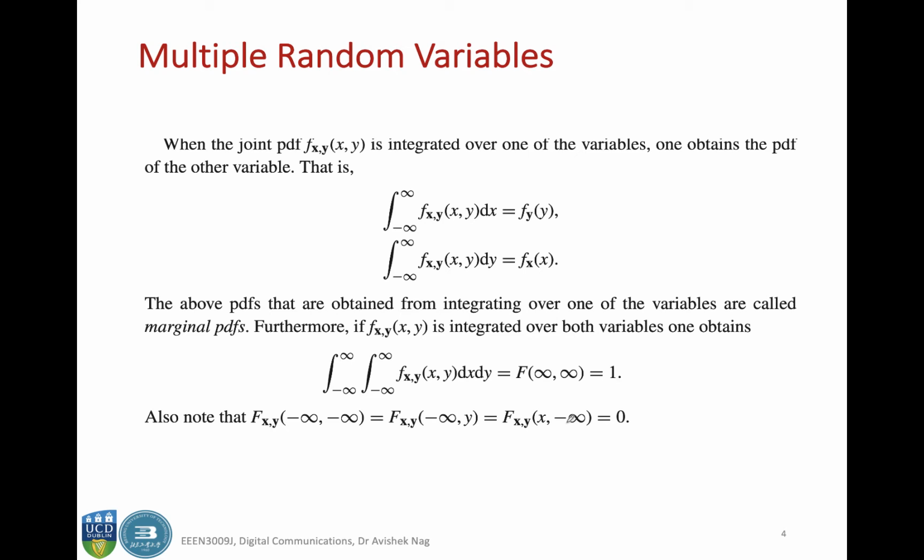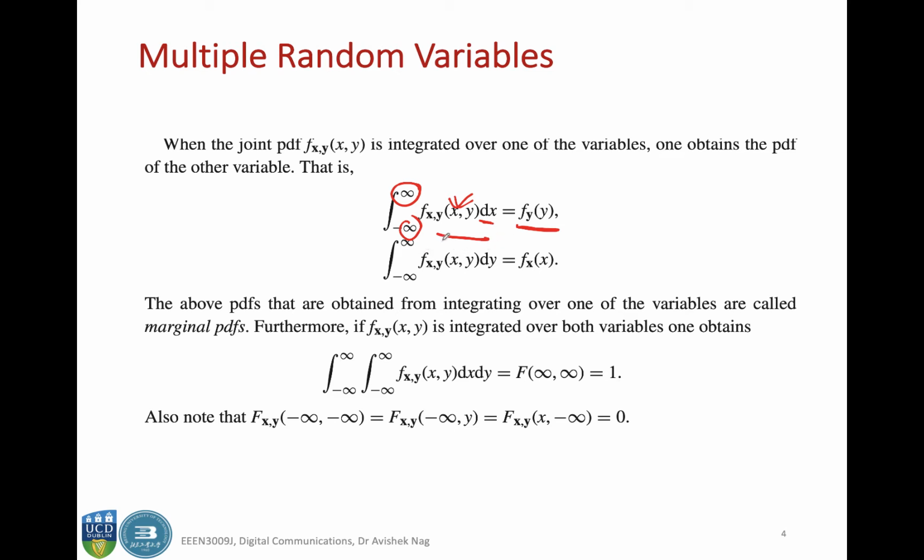So if we have joint PDFs, then surely we can also have marginal PDFs, and the marginal PDFs can be obtained from the joint PDFs in this manner. If you take the integration of the joint PDF over all values of x from minus infinity to plus infinity, then you will get the marginal PDF of the other variable y.